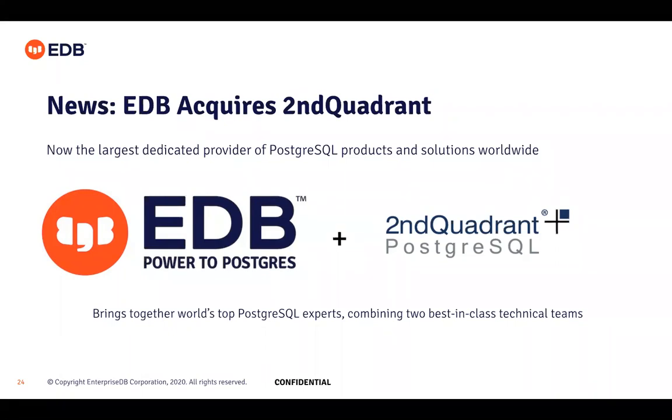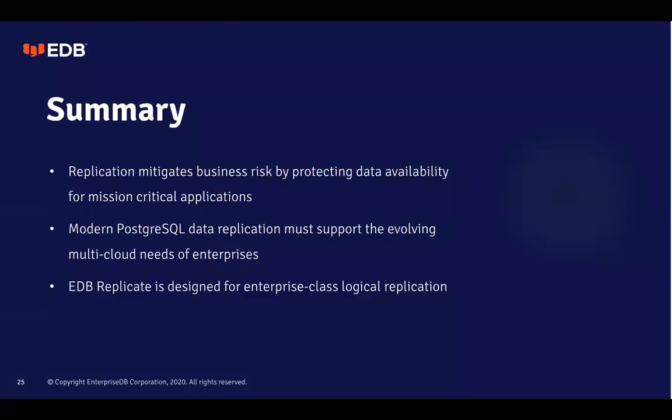Going from here, I want to wrap up the discussion and then have one more slide talking about our next steps. We want to bring it back to our discussion on replication: replication mitigates business risk by providing data availability, particularly for mission critical applications.